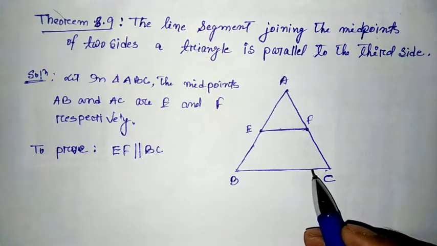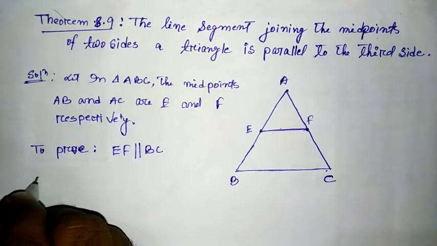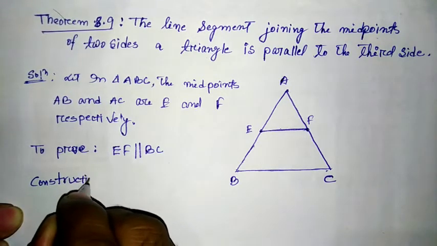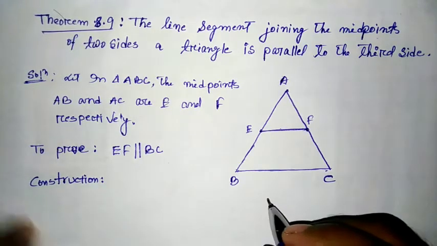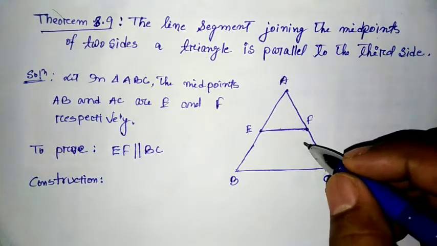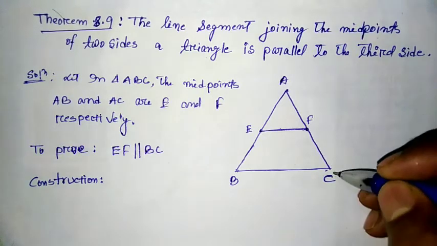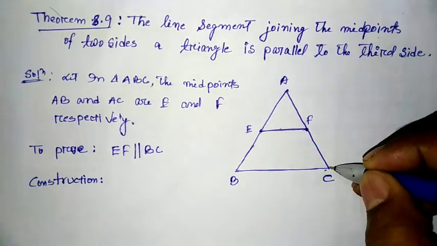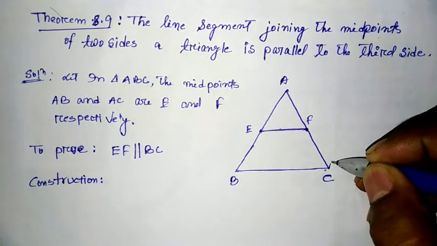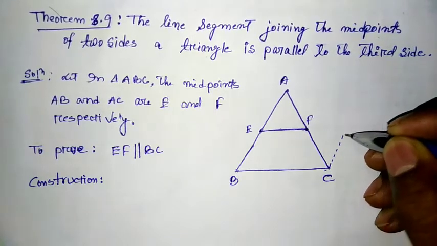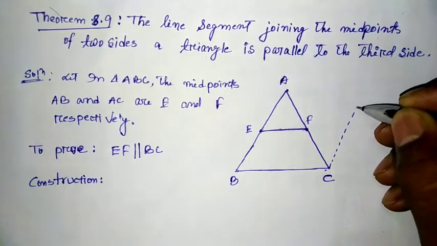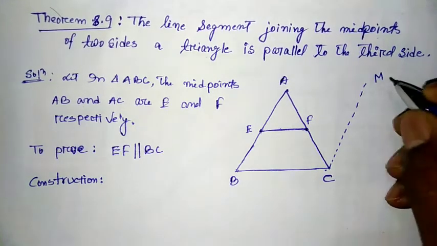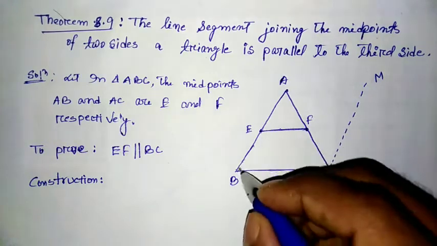For that we have to construct something. So the construction is, see carefully, here we will draw a line through C which will be parallel to AB. Suppose we draw a line segment or ray, CM, and this CM is parallel to AB.